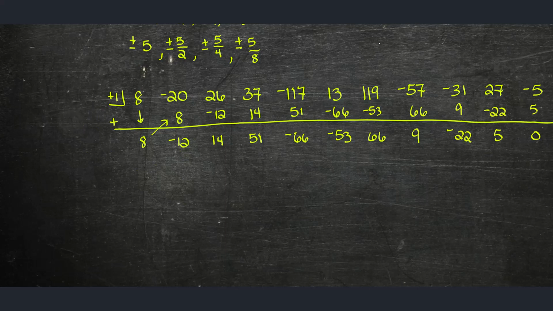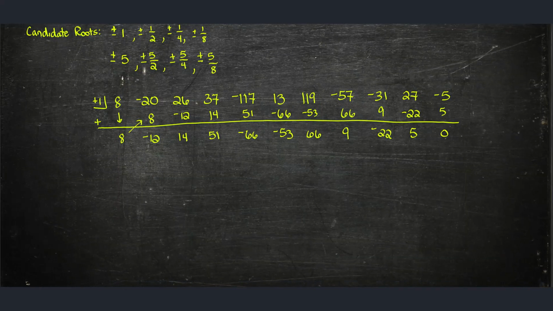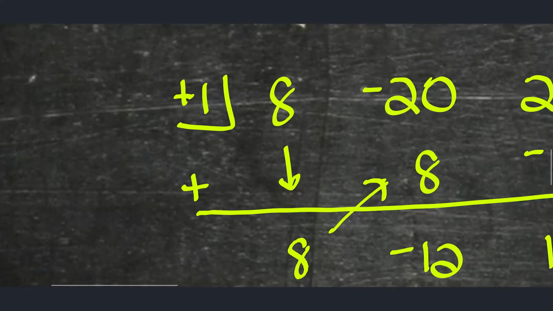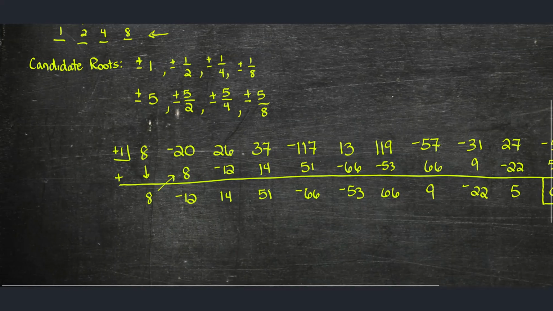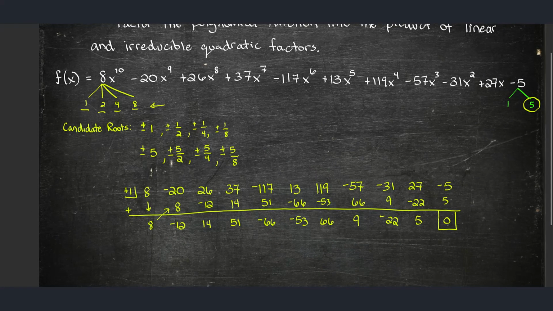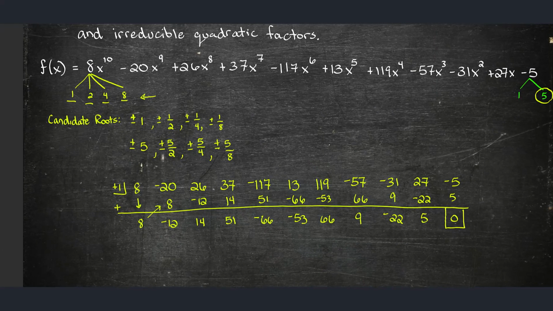Now you see, after synthetic division, our very final term here is a 0. That means that our remainder after dividing by x minus 1 is 0. That is, x minus 1 is a factor. Again, because we did synthetic division with a plus 1, we found out that x equals 1 is actually a 0 for that function up there, which means that x minus 1 is a factor.